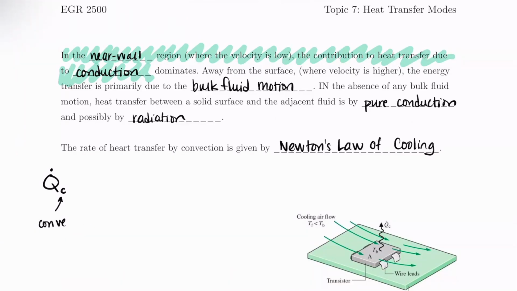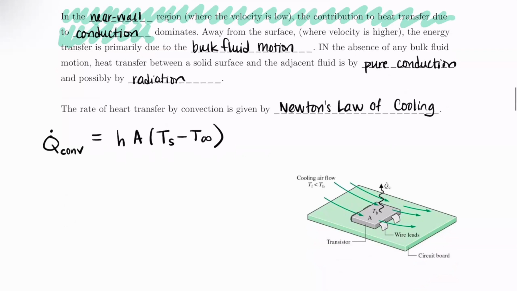Actually, you know what? No, hang on. We're going to call this like this because conduction also has a C. So I don't like just C. Okay. So our rate of heat transfer due to convection is going to be equal to h times A times (Ts minus T infinity). And I'm going to explain what each of these are in just one moment.